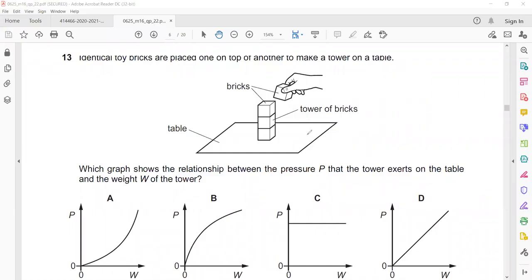So as we know, pressure and force are directly proportional. When two quantities are directly proportional, there should be a straight line starting from the origin. So D is the right answer.